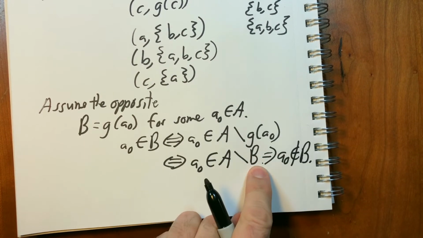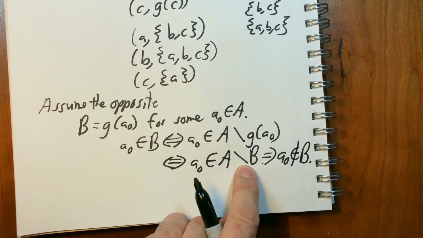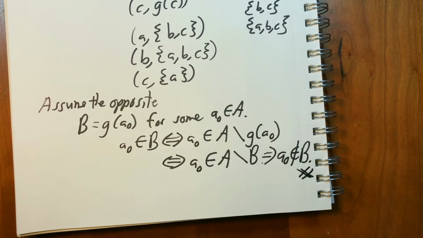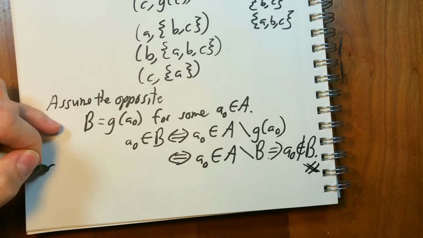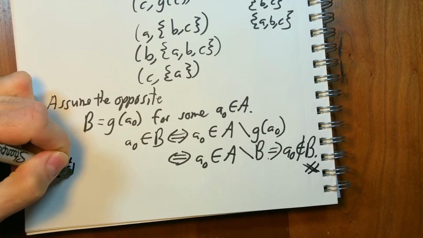Because if A0 is in A minus B, then it can't be in B. So that's a contradiction.